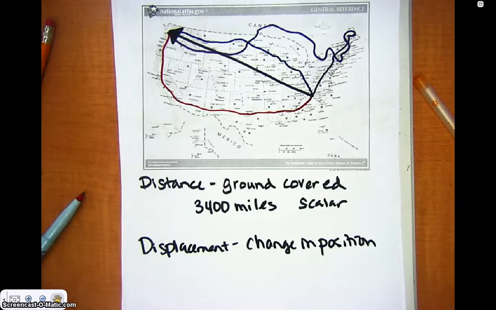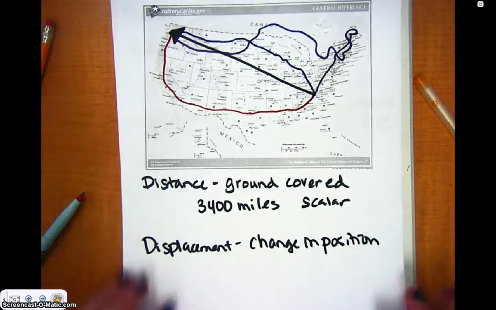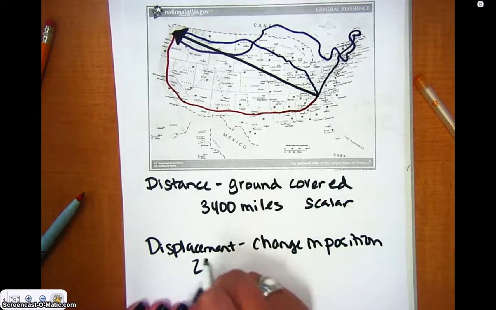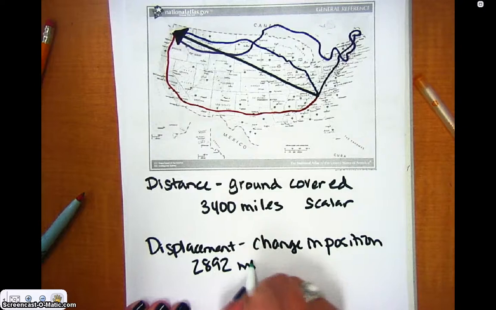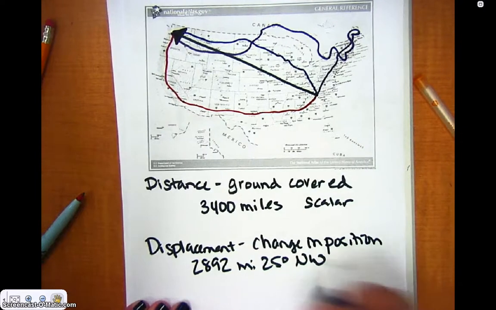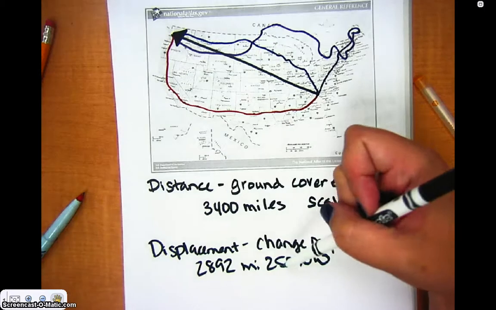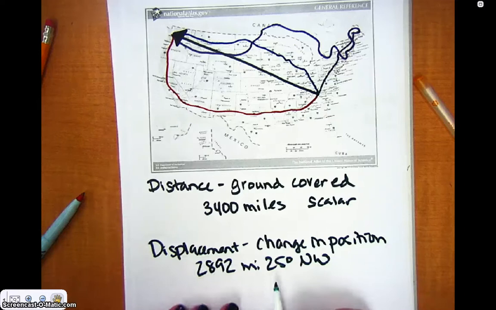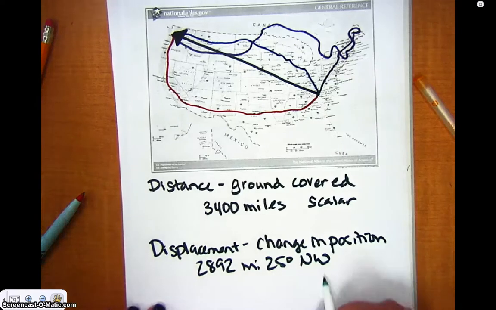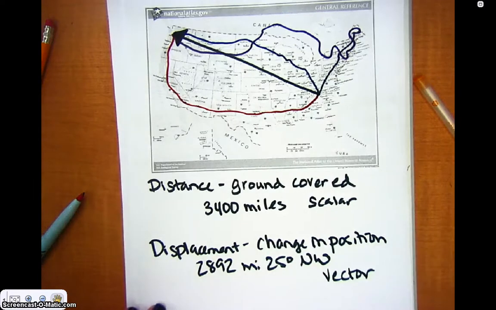So if I was going to express this, I've actually looked up exactly what the displacement is. It's 2,892 miles, 25 degrees northwest from Asheville to Seattle. And so we see here we've got both a number, but we also have a direction as well. And so this is a vector quantity, right?